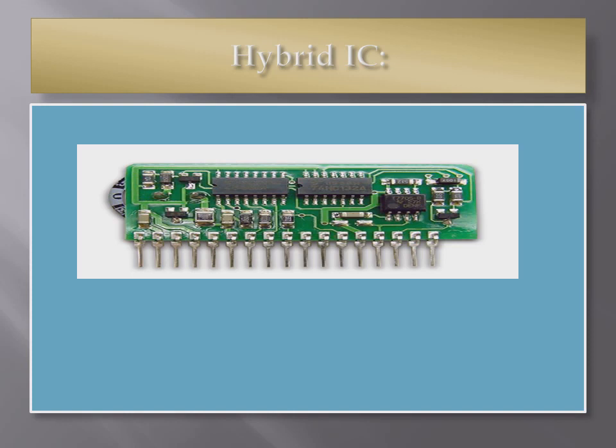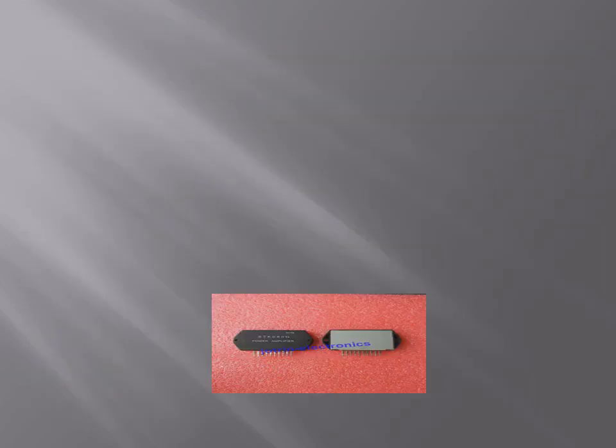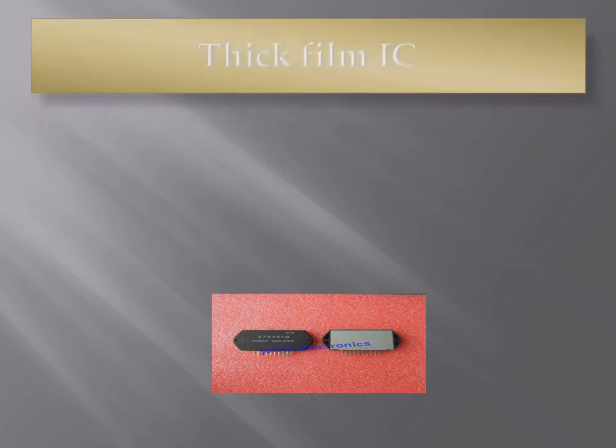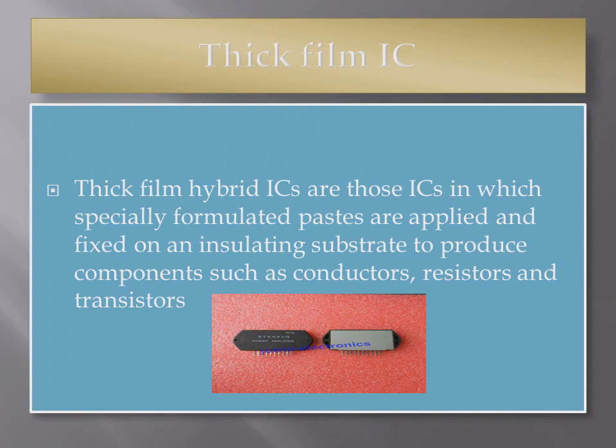The hybrid IC is further classified into thick film ICs and thin film ICs. Thick film hybrids are those ICs in which specially prepared paste is applied and fixed on an insulating substrate to produce components such as conductors, resistors and transistors.